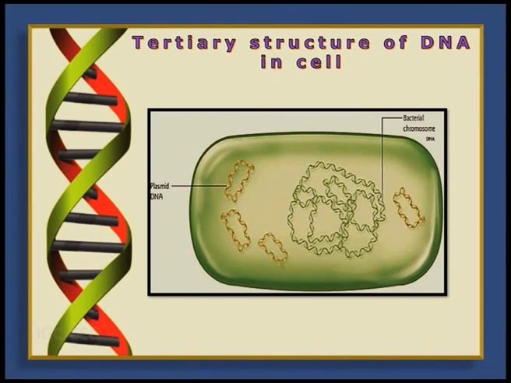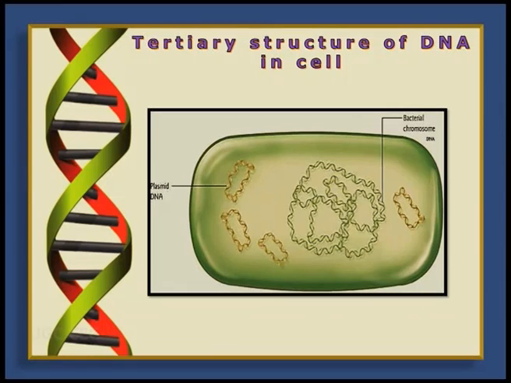Thus the genetic analysis of bacteria and viruses have shown that these kinds of tertiary structures are present within the prokaryotic as well as the eukaryotic cell. Apart from this, the plasmid DNA, which are the extrachromosomal self-replicating DNA molecules, are also circular in nature and are highly twisted. Thus, these represent the tertiary structure of DNA.